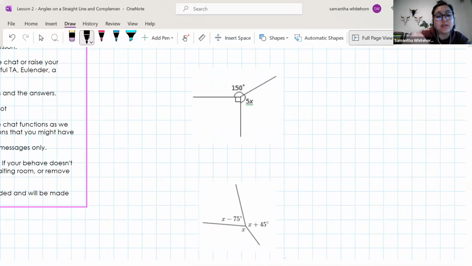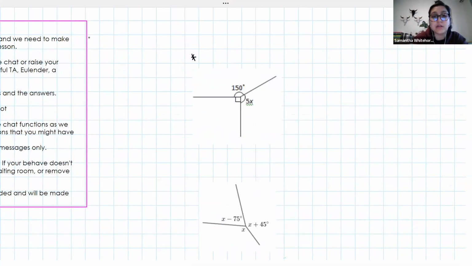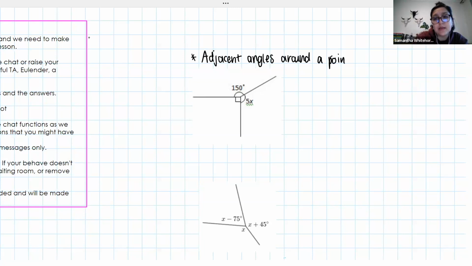We have learned that adjacent angles, so angles next to each other, around a point, add up to 360 degrees. So that's the reason we had to look at on Monday.